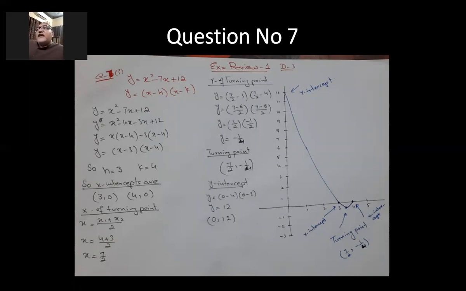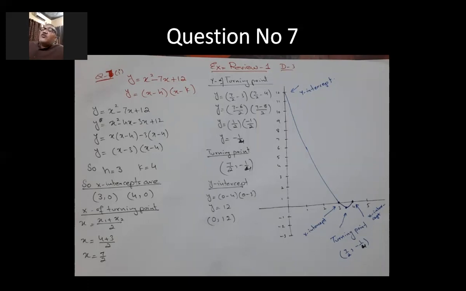Very easily I can convert the given equation into this form. We will do the midterm breaking, and with the help of factorization, I will make this form. The equation is x squared minus 7x plus 12.